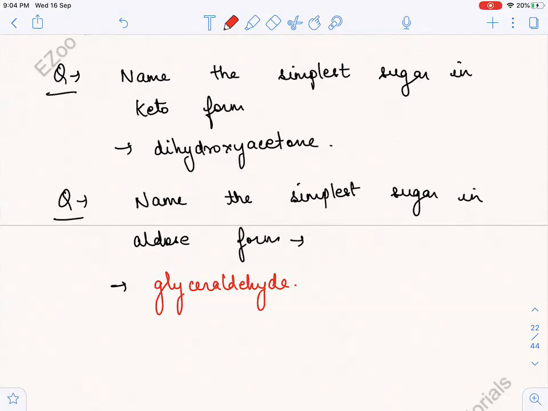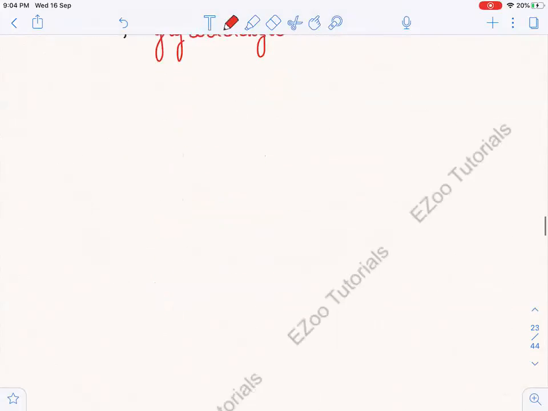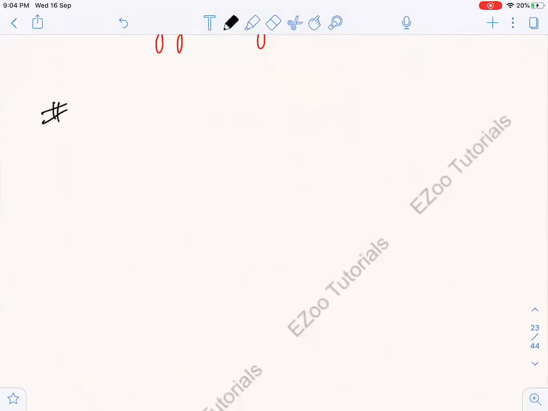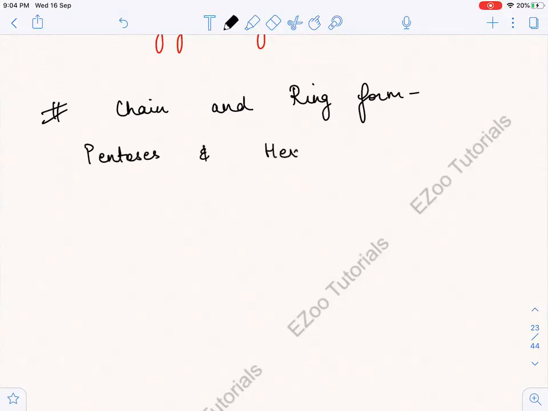Chalo, now we'll see one more way of classifying the carbohydrates, and this is form. That's the chain and ring form. We have already done this chain and ring form. Since we are doing classification, we'll do it again, right? Okay, so pentoses and hexoses exist in both chain and ring form, right?